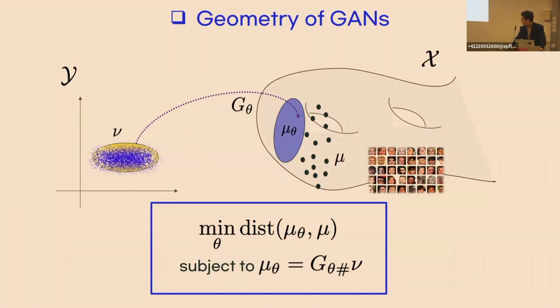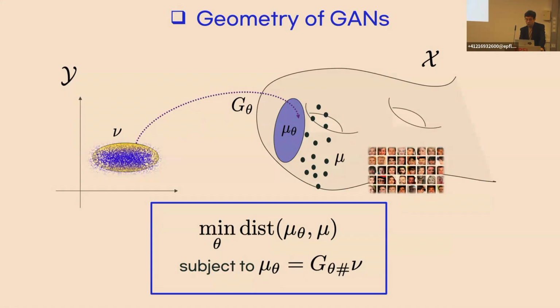In the GAN case, we have, for example, Gaussian noise. We train the generator G theta, and these dot points are your target images, the training data. For example, each one is a face image from your high-dimensional geometry.